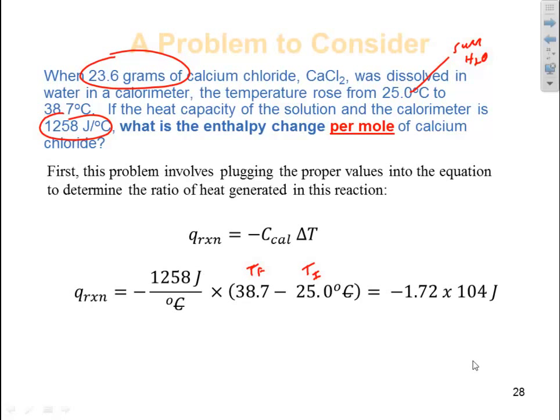My degrees C cancel, leaving me in joules, which gives 1.72 times 10 to the 4th joules. This tells me this is an exothermic reaction and that the system is releasing heat. And that's where this sign is coming in. I'm changing the surroundings information to the system, so therefore I know what the system is doing.